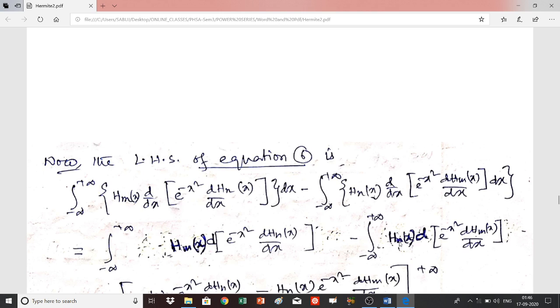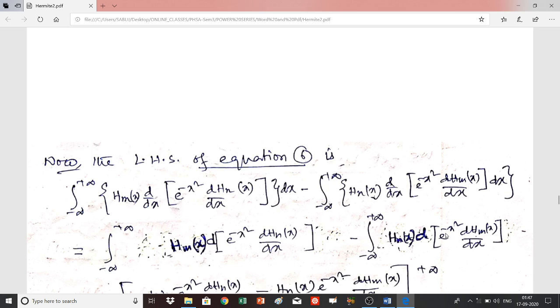Hn(x) d of e to the minus x square Hm(x), because Hm is multiplied in this case. So Hm(x) d of this term, minus Hn(x) d of this term, from minus infinity to plus infinity.